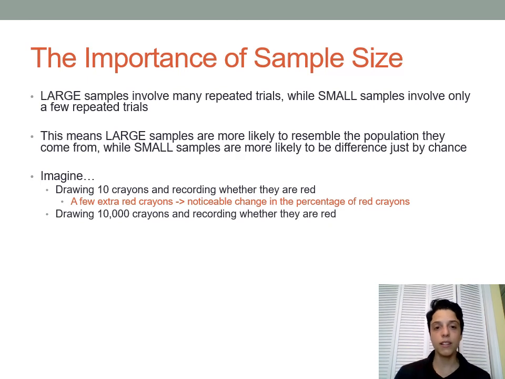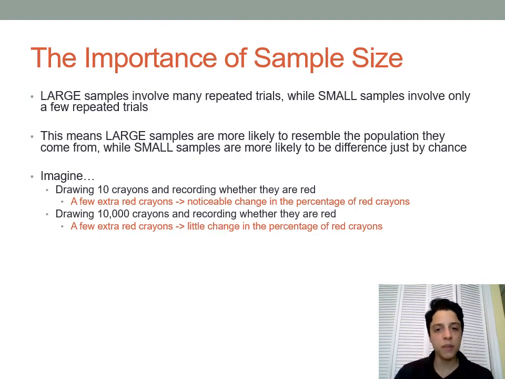But let's imagine now that you have a really, really big pot of crayons and you're going to draw 10,000 crayons and record whether they're red. You still expect about 8% of your crayons to be red, which comes out to about 800 of those 10,000 crayons. Now imagine that you happen to draw 3 extra red crayons, the same way that we did in the first example. Well, 3 extra red crayons, when you're looking at 800 red crayons, is not a big difference.